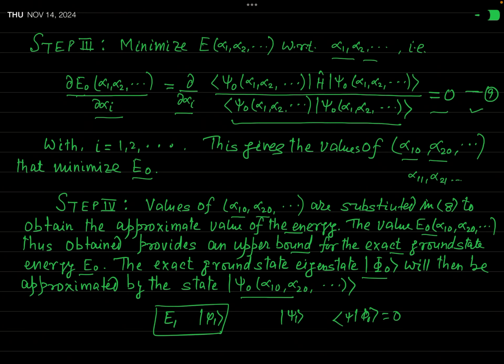Similarly, if you are talking about the second excited state, again you have to think about the energy eigenvalue E2 and the eigenfunction phi 2. And in a similar manner you can solve the problem.